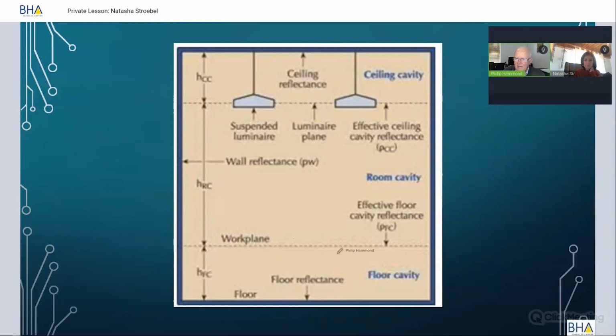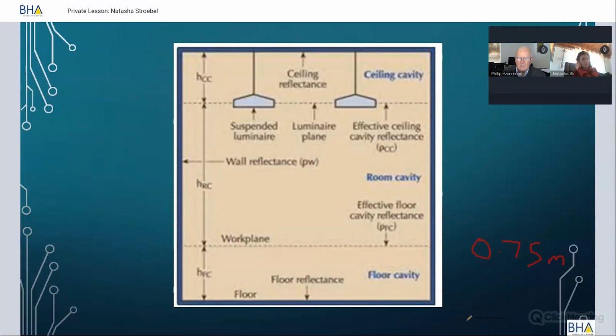And the working plane is usually 0.75 meter. Okay? So what would our floor cavity be? Our floor cavity height would be 0.75 of a meter.